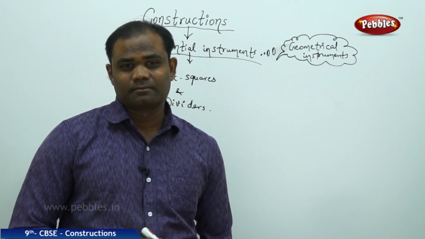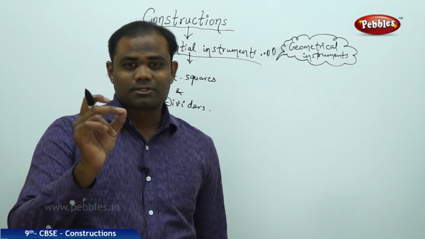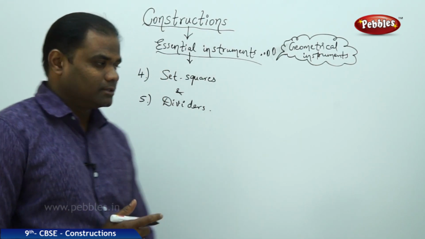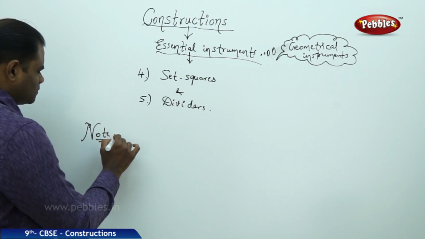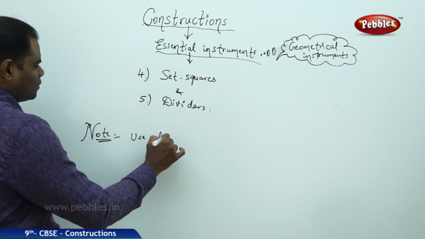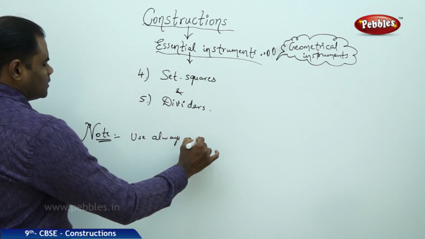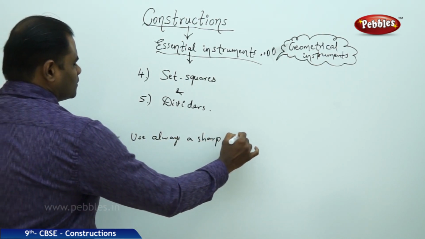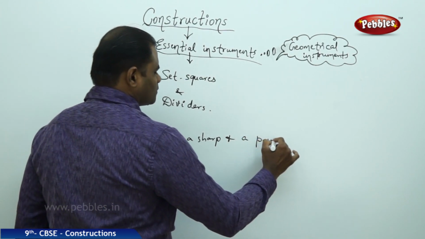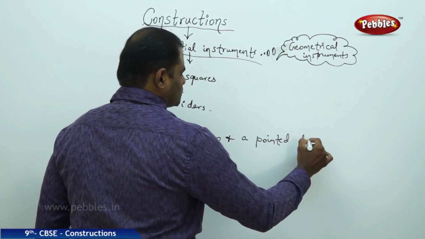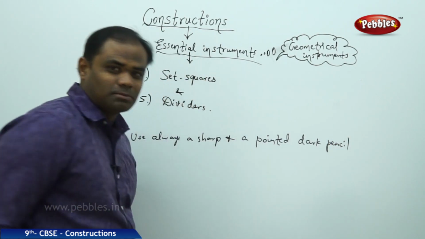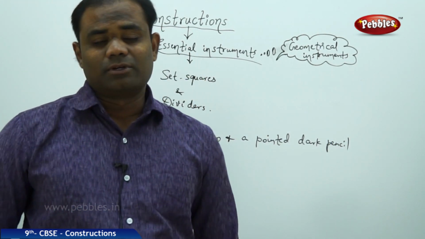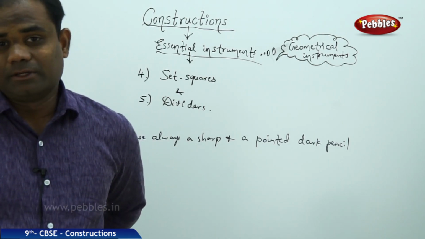This is how we need to use the set of geometrical instruments in construction. One of the most important concepts in construction is to always use a sharp, pointed, dark pencil. It is not advisable to use a light pencil because the visibility would not be clear.